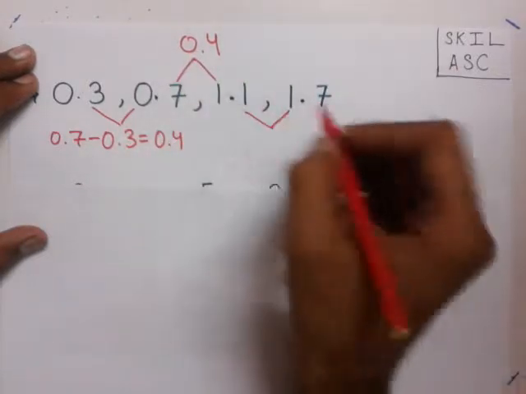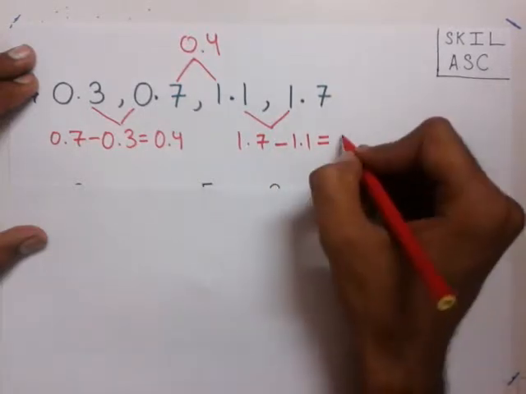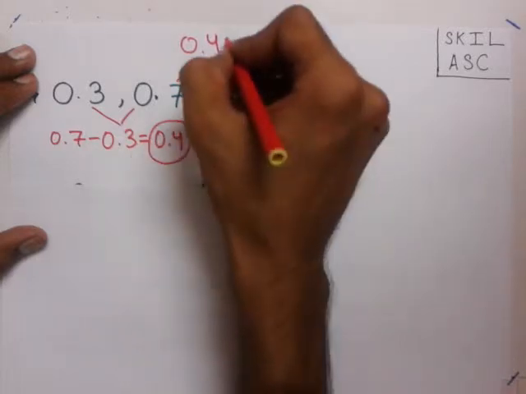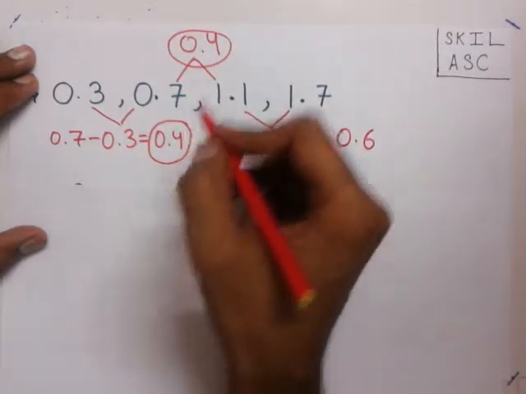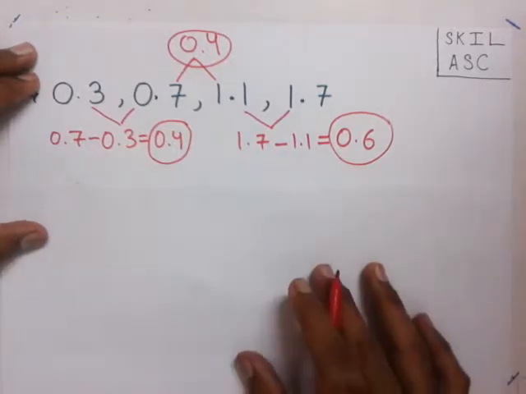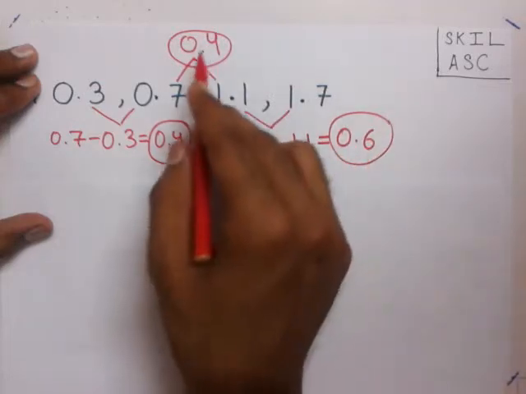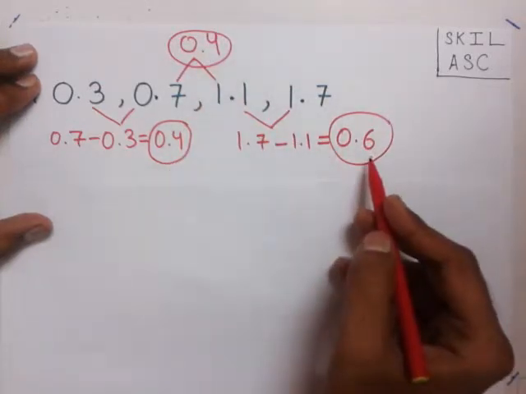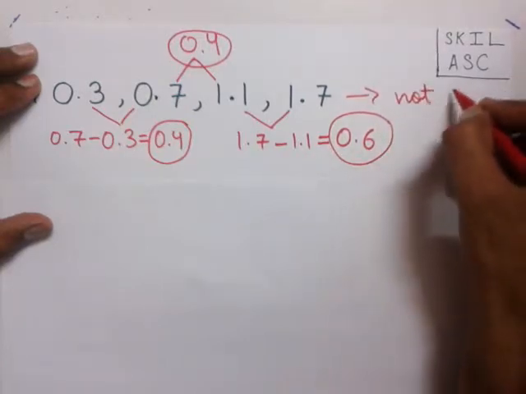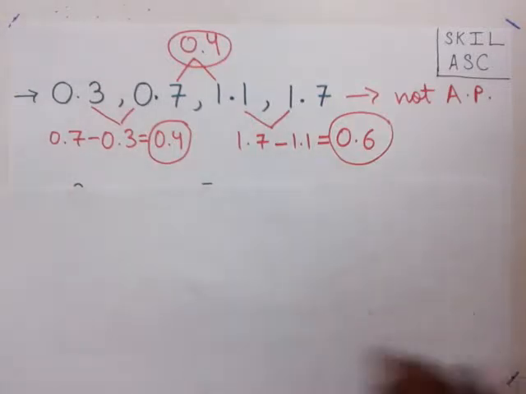And the difference between the last two is 1.7 minus 1.1, that is 0.6. Now you notice here, these two differences are 0.4 and 0.4, and this difference is 0.6. You see, all the differences are not equal. These two differences are equal, but they are not equal to this difference, 0.6. So this is not an AP, since the differences are not equal.